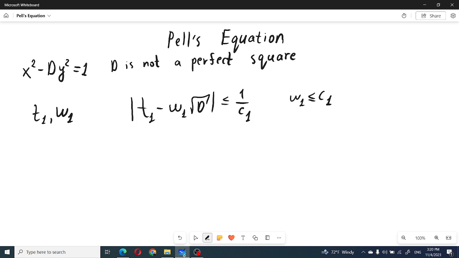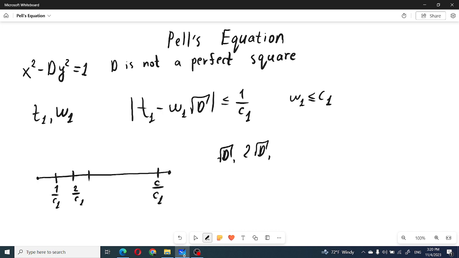To prove this, let's divide the positive axis into several parts. This must be 1 over c1, this 2 over c1, up to c1 over c1, and look at the fractional parts of square root d, 2 times square root d, and c1 square root d.